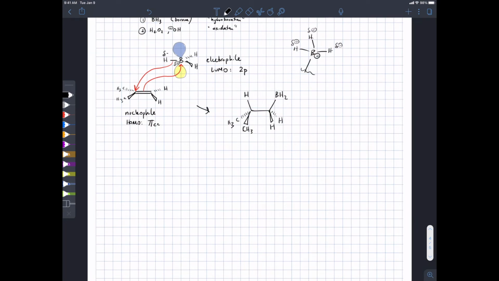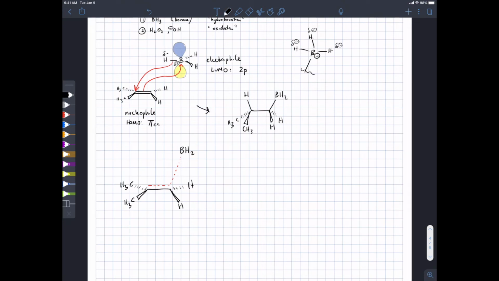The reason for this has to do with the transition state for the hydroboration reaction. So let's again view our alkene from the side. In the transition state, the pi bond is breaking and a new sigma bond is being made between boron and carbon.